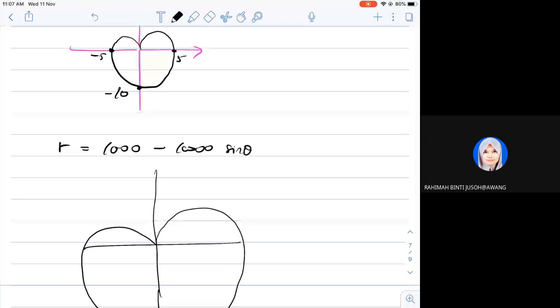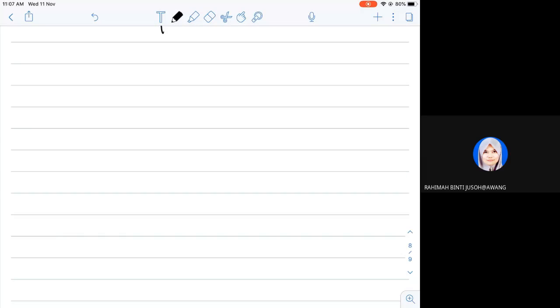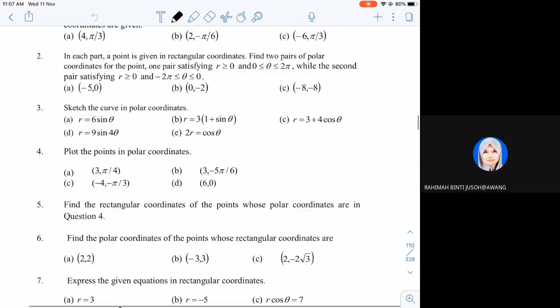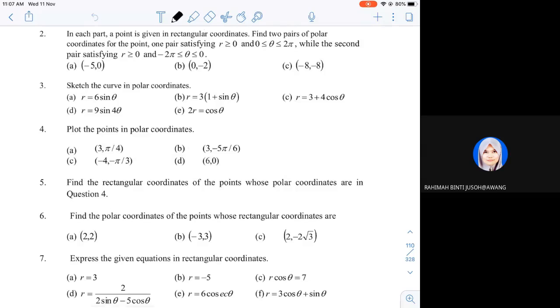Alright, so next, let's take a look at this question. Okay, now question number 3. Sketch the curve.